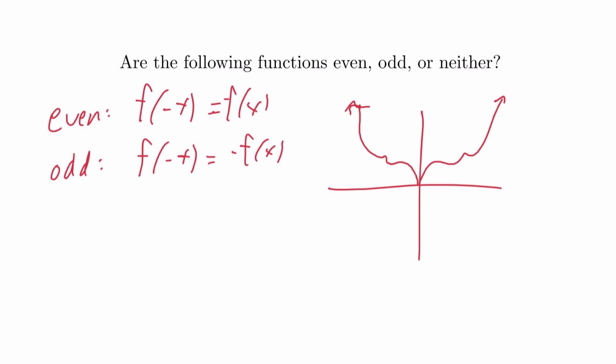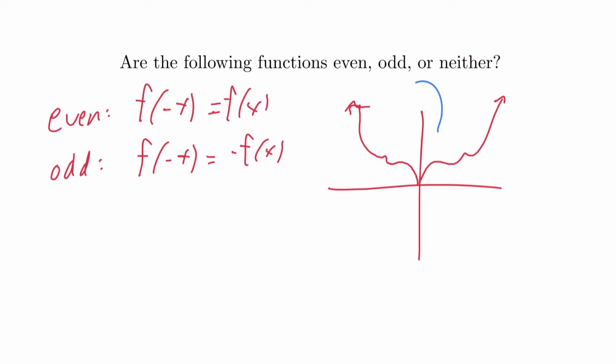Forgive my poor handwriting, does this look like it's even, odd, or neither? Well, does it look like a mirror image? Yes, I claim it looks like a mirror image over the y-axis. So this would make it even.